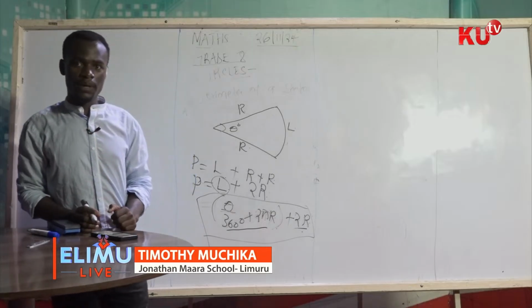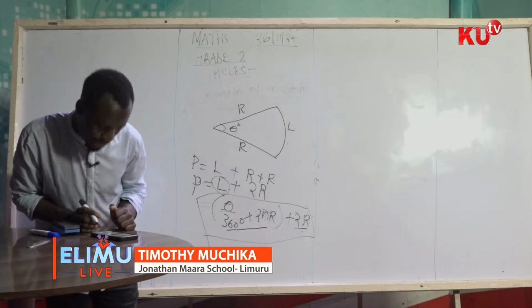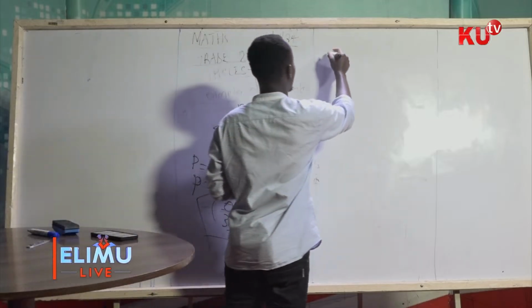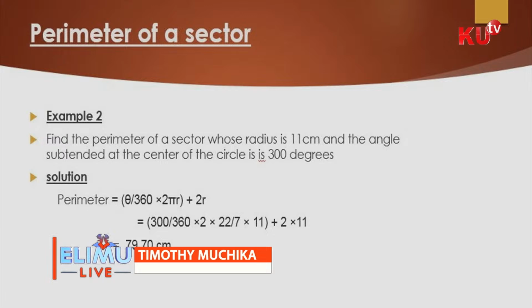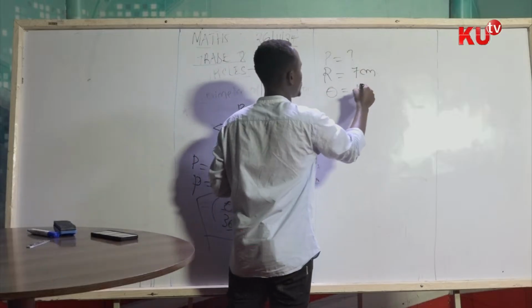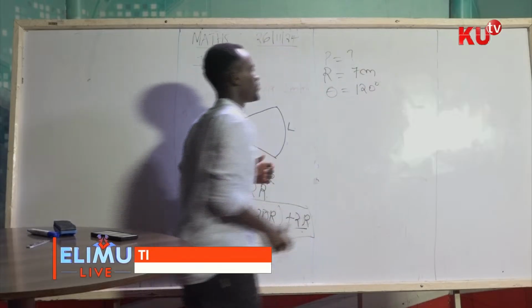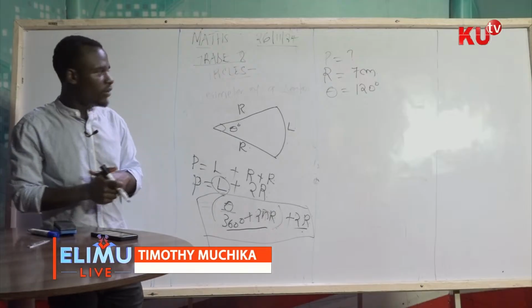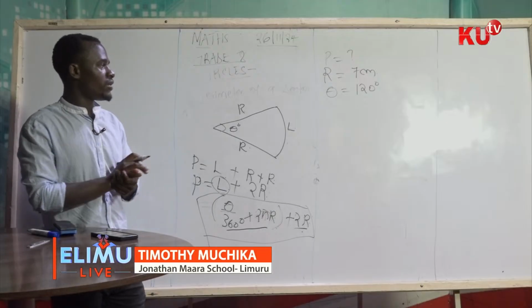You are told to find the perimeter of a sector given that the radius, r, stands for the radius, is 7 centimeters, and the angle subtended at the center of the circle is 120 degrees.